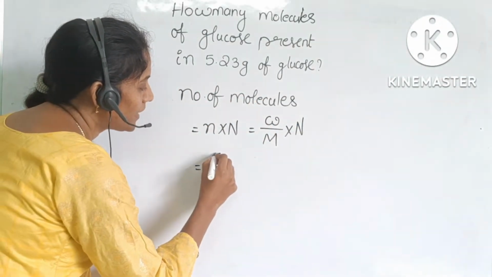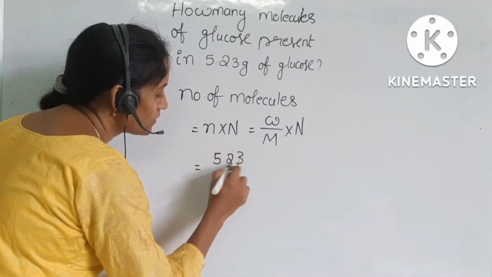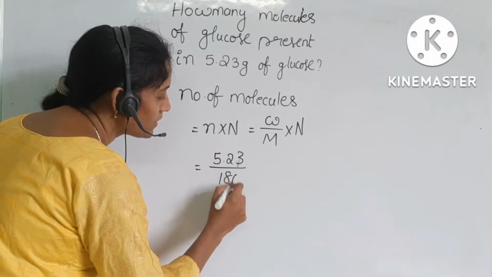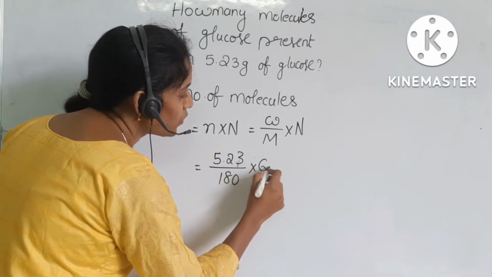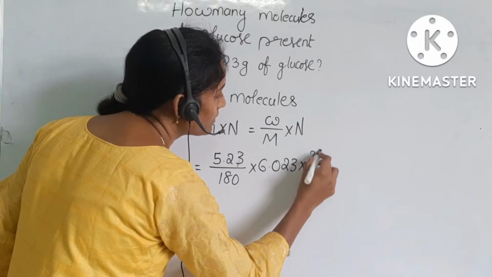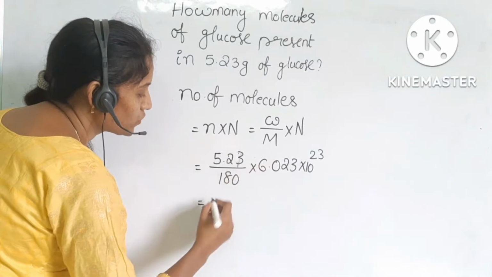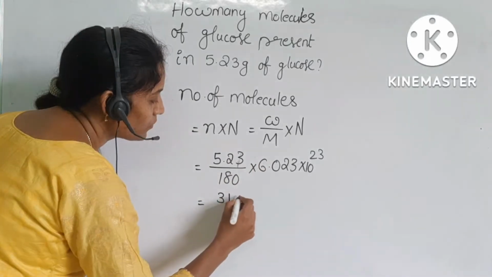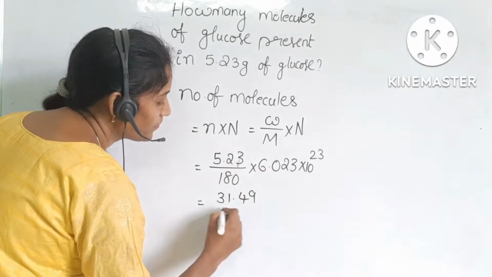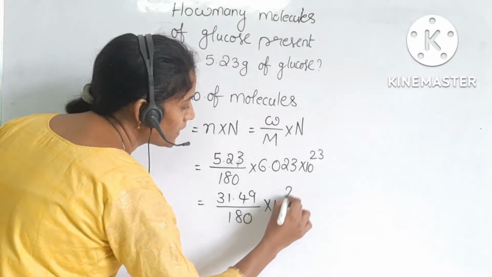So 5.23 grams upon 180 grams into 6.023 into 10 power 23 molecules. If you calculate these two numbers, you will get 31.49 upon 180 into 10 power 23.